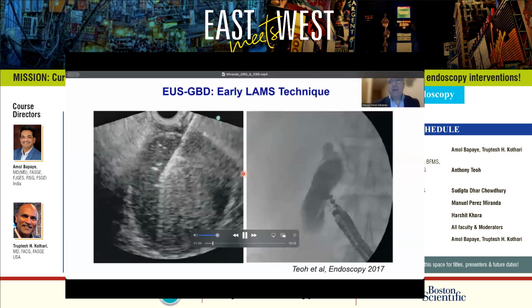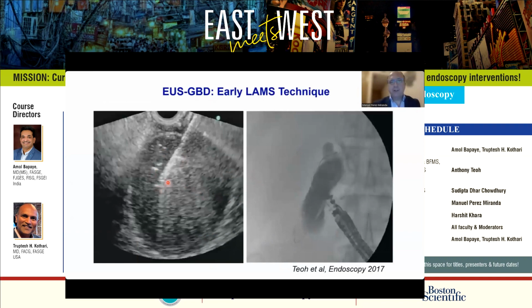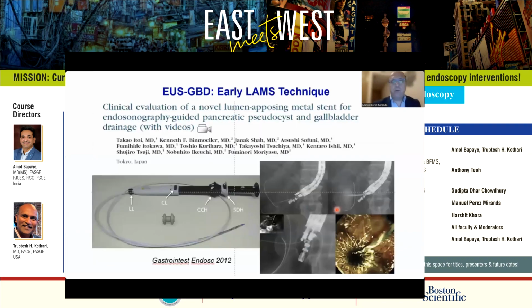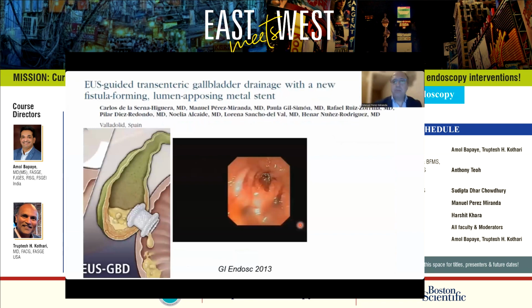Then LAMS appeared, still using the traditional needle puncture under EUS and wire. However, those LAMS were only 1 centimeter in length, which made them prone to misdeployment.